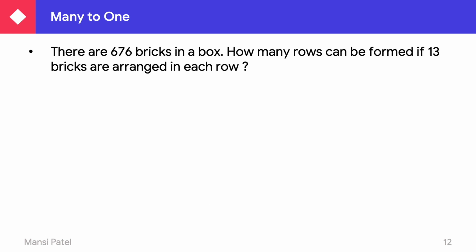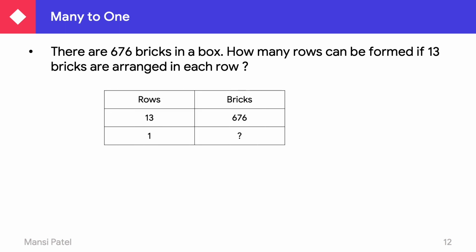Let us see another example. There are 676 bricks in a box. How many rows can be formed if 13 bricks are arranged in each row? Here the number of bricks and the number of rows were given to you. How many rows are there? 13 rows are there.